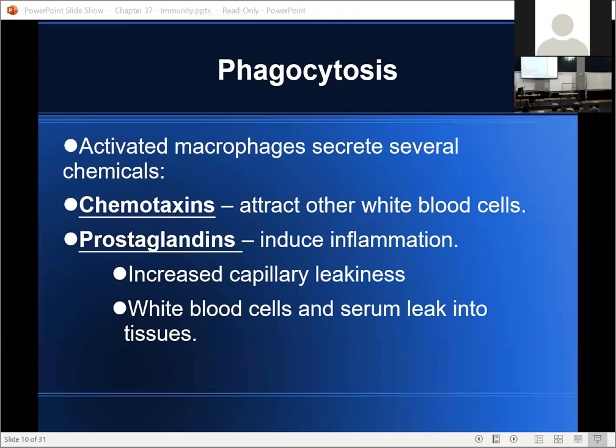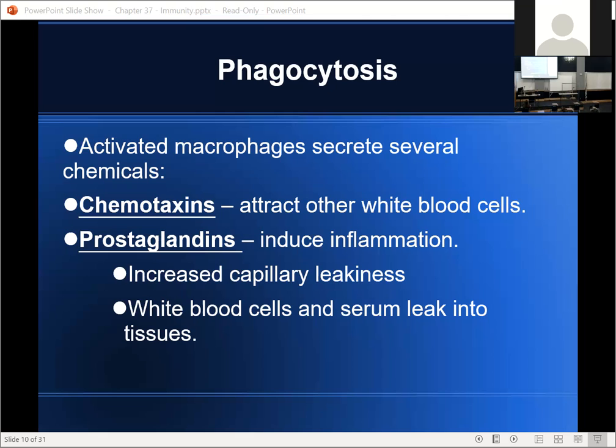Some of those chemicals include, and this is the last thing we went over on Friday, chemotaxins. Chemotaxins are basically a chemical trail that other white blood cells can follow to the site of the infection to help get rid of that infection. Prostaglandins induce inflammation. A couple important things about inflammation. It's going to increase the capillary leakiness.